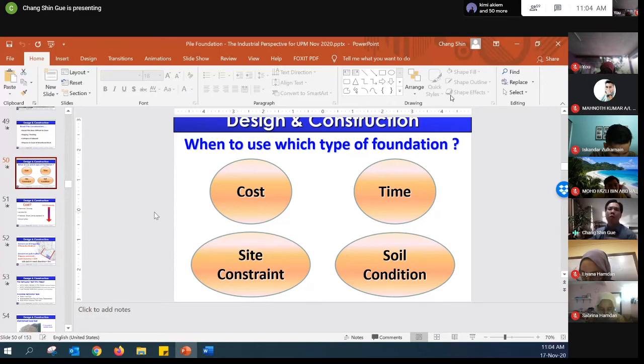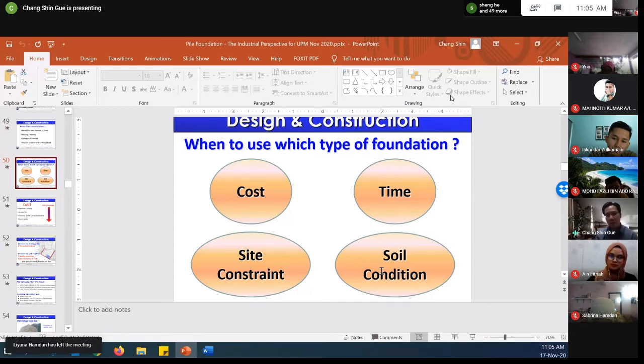So it depends, for example, on site constraints or soil condition. I wouldn't say that one outweighs the other. But the most important thing for you to understand is that you must satisfy safety, because in practice some clients or contractors may push you to the limit because they want to save costs, and your design may become too optimistic. That would be a danger. So as a prudent engineer, safety is first and foremost.